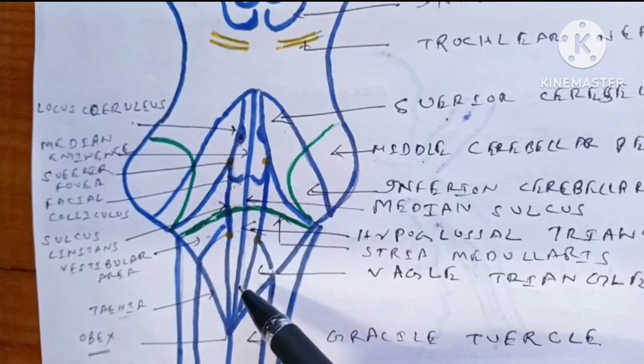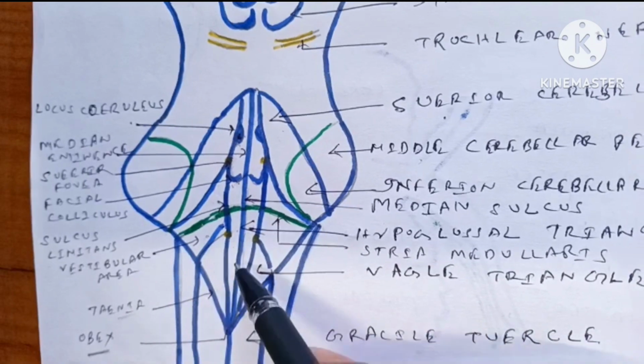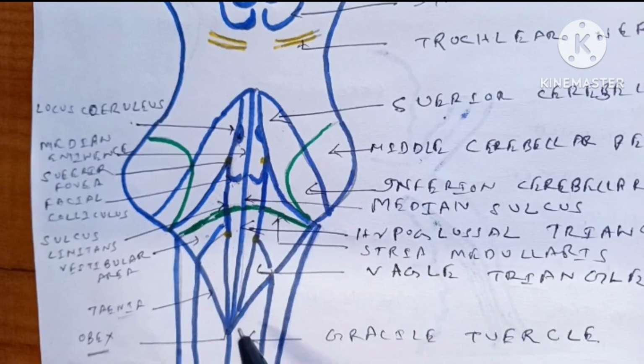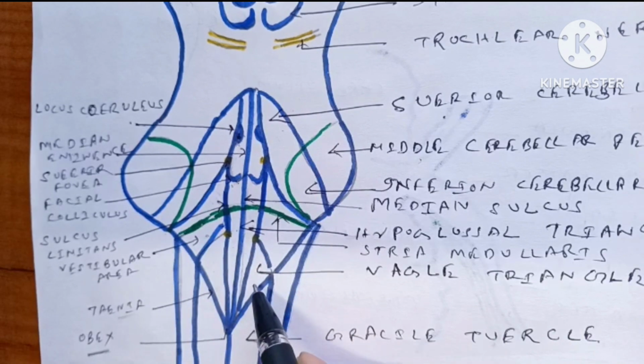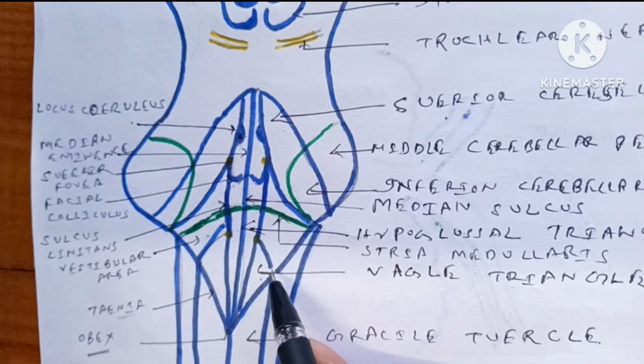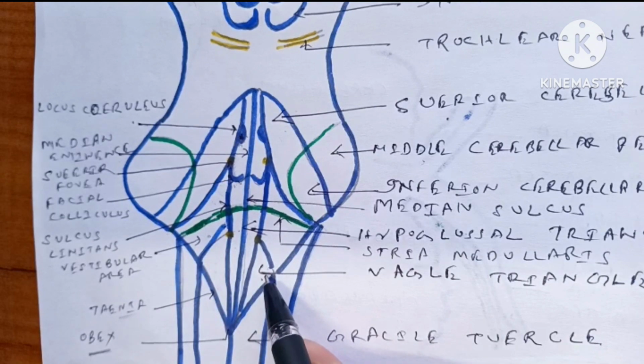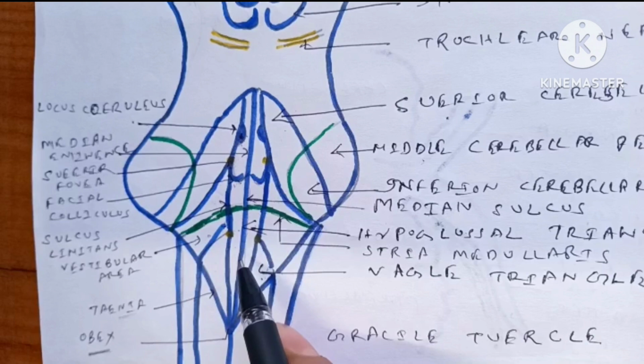And there are two triangles, the medially located hypoglossal triangle and the laterally located vagal triangle. In the vagal triangle, the dorsal nucleus of vagus lies deep to it, and in the hypoglossal triangle, the hypoglossal nucleus lies deep to it.